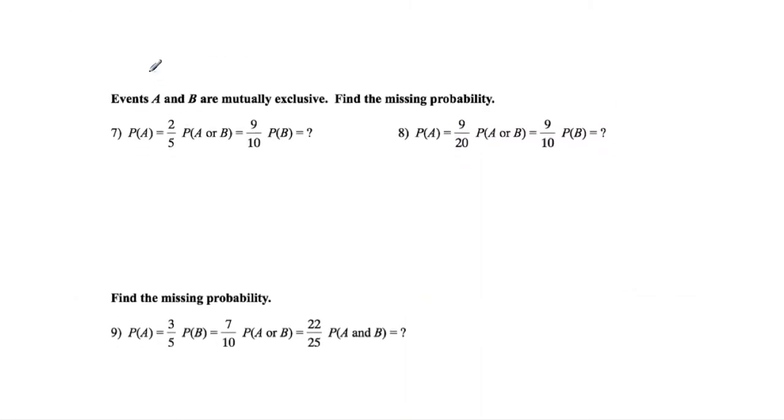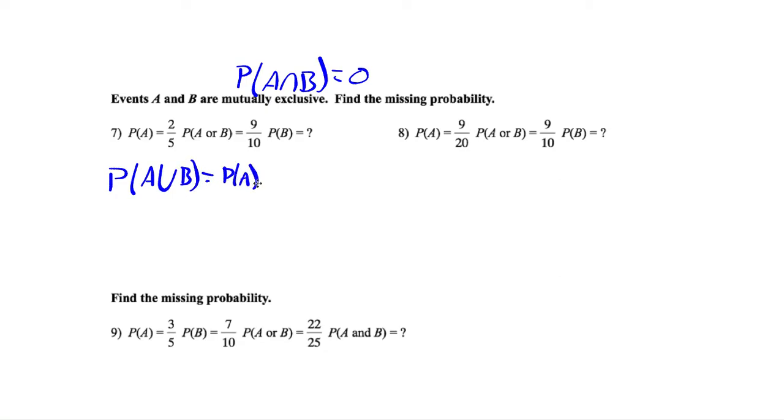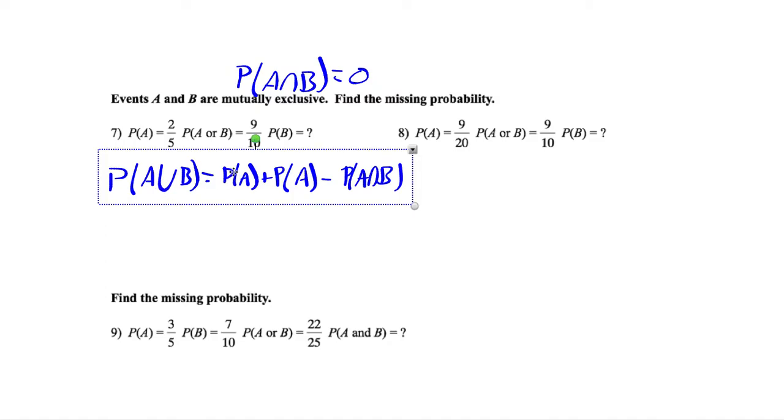Right, and then for the next set of questions, these are mutually exclusive. So that means that the probability of A and B is equal to 0. So the probability of A or B is equal to the probability of A plus the probability of B minus the probability of A and B, which in these cases is just 0.